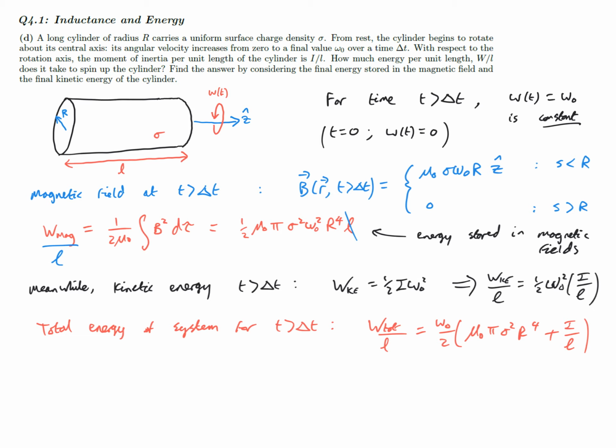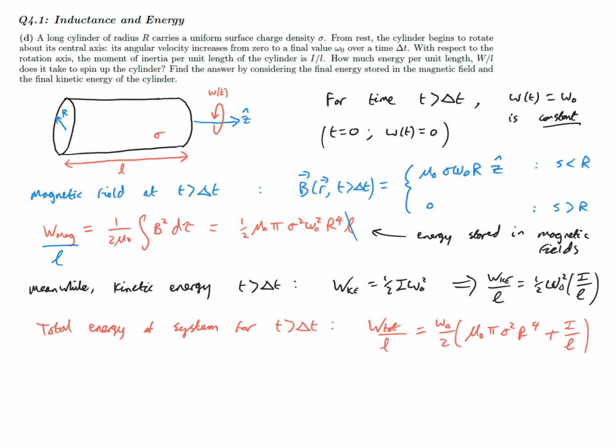So initially, we have basically zero magnetic energy and zero kinetic energy. And finally, we have this expression for the total energy of the system. And energy is conserved. And so the energy it takes to get this thing up to its final spinning angular velocity of omega naught is precisely this amount of work.